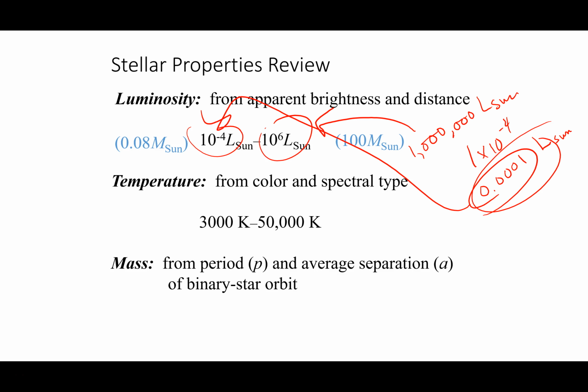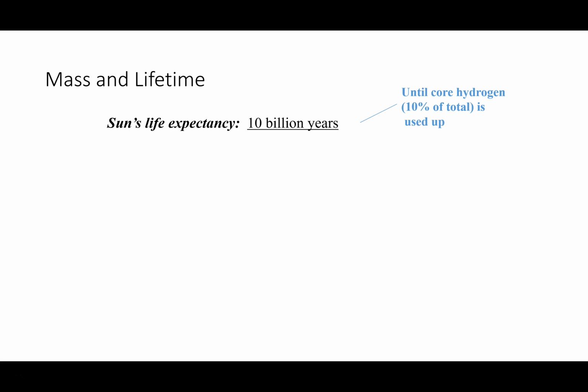What about the cold stars? Are they going to be massive or low mass? Low mass, yep. And the hot stars are going to be high mass, yep. Okay, and again, the ranges of stars we see are 0.08 times the mass of our sun and 100 times the mass of our sun.